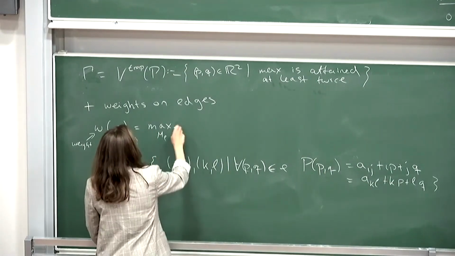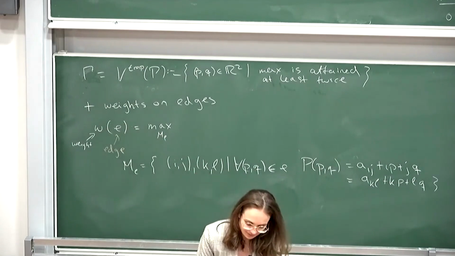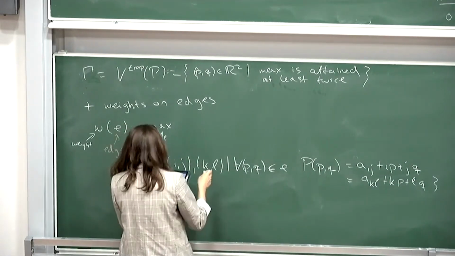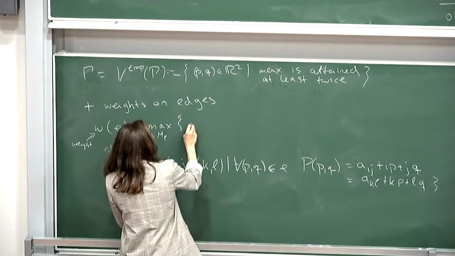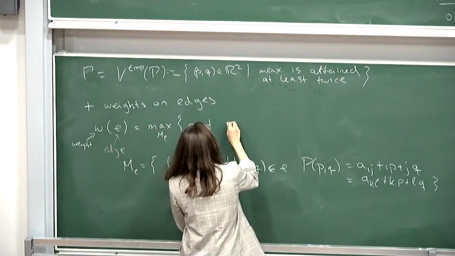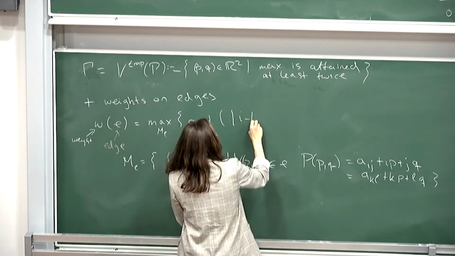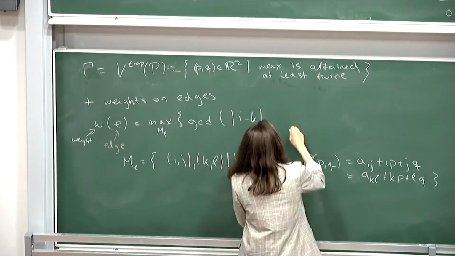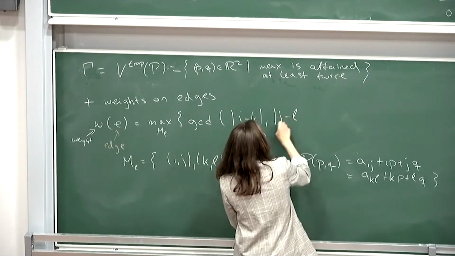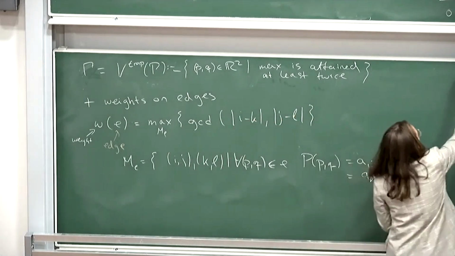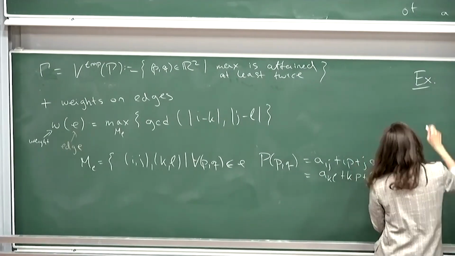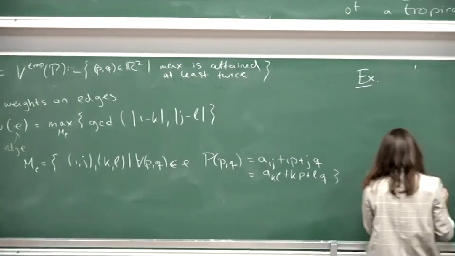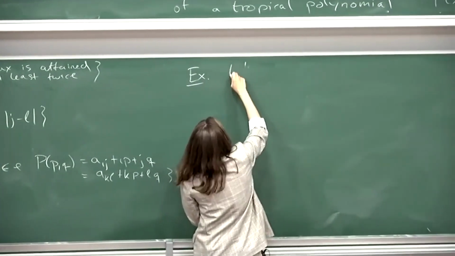Maybe I should not have given the precise definition, but okay. Now we take the greatest common divisor of the absolute value of i minus k, and then j minus l. So let's do an example. Let's do two examples. First of all, what should the tropical line be?